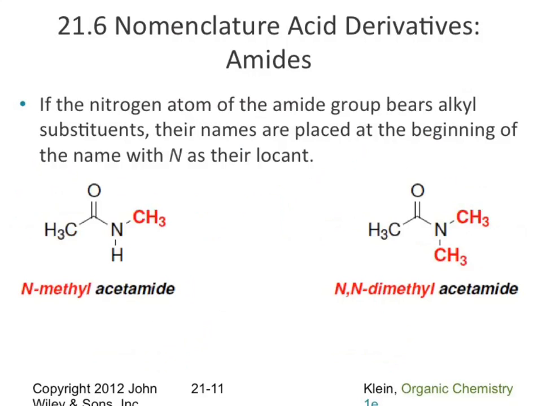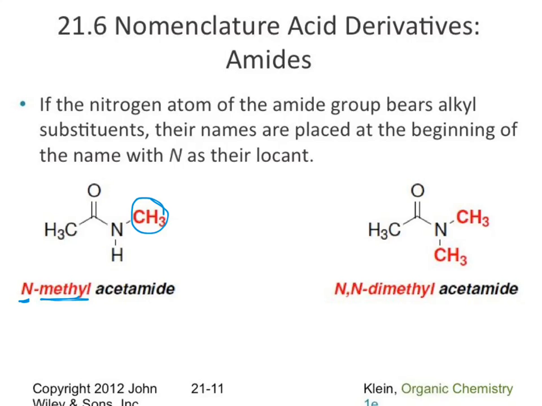By definition, one of the things that we've decided is that when we attach something to a nitrogen, and our structure is more complex, we'll make reference that we've put that substituent on our nitrogen by saying N-methyl, because we can't number it, because numbering is exclusively for carbons. So in this case, we end up saying N-methyl to say that that group is attached to the N, or our nitrogen atom, within our structure.